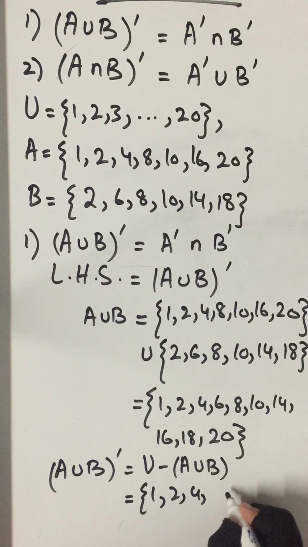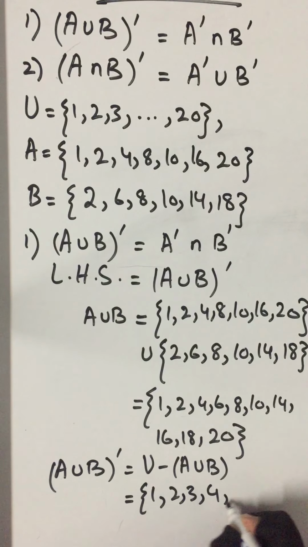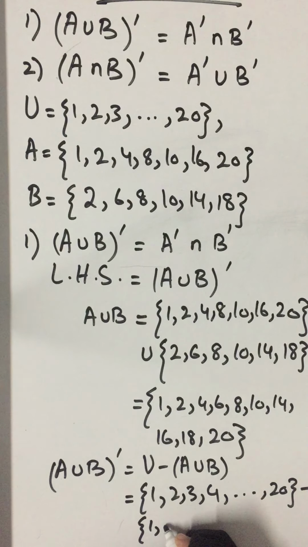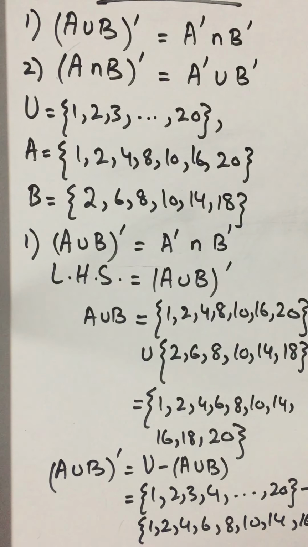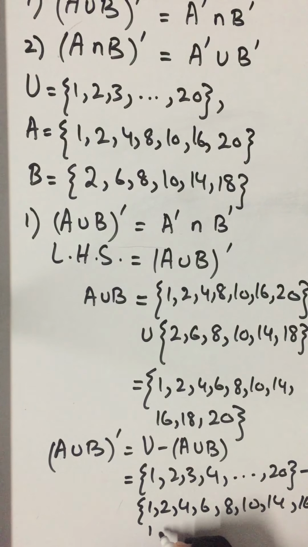The set U is 1, 2, 3, 4 and up to 20, minus the set A union B, which is 1, 2, 4, 6, 8, 10, 14, 16, then 18 and 20.